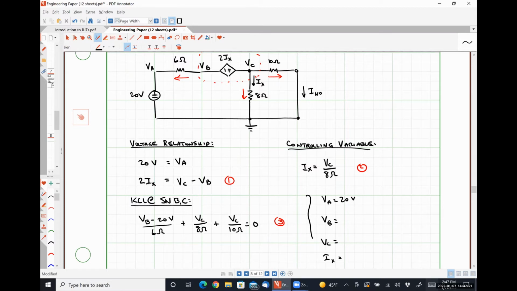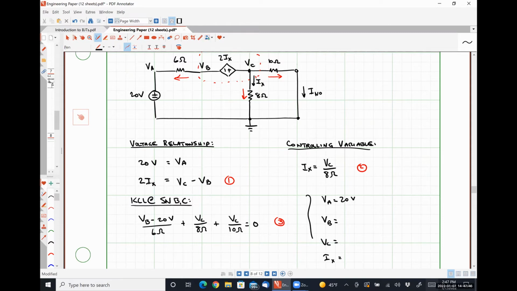So I have -1 VB, 1 VC, -2 IX is equal to 0. And I have 0 VB, 1/8 VC, -1 IX is equal to 0.